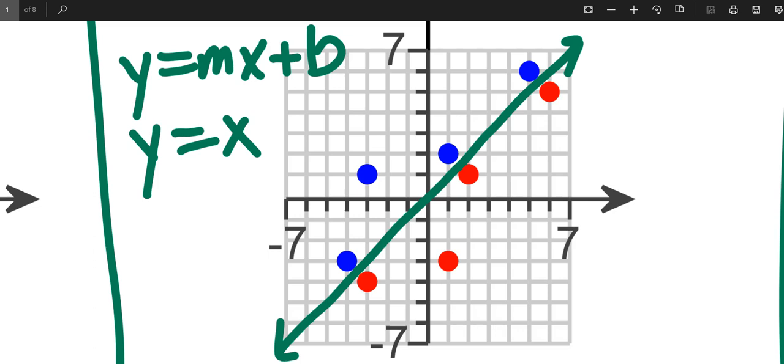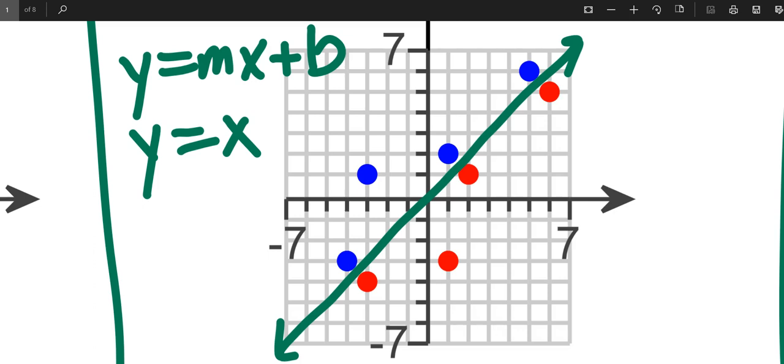What do you notice about that line in relationship to the blue and the red points? It splits it like an axis of symmetry, right? It's symmetric across that. Please make sure you're writing things down.